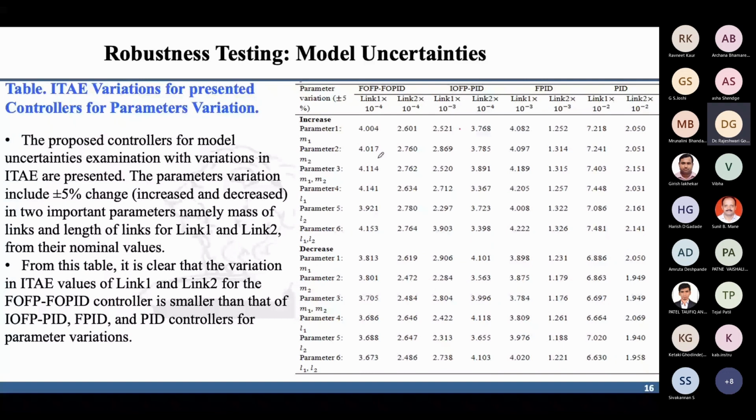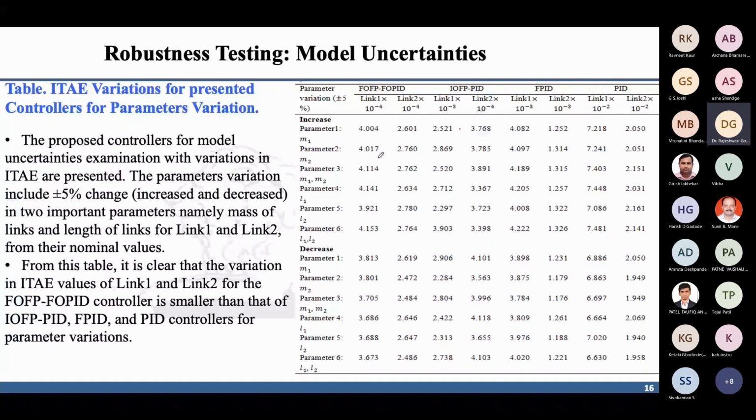So that's why we have forcefully changed the parameters of the robot and tried to understand what changes we are observing, right?